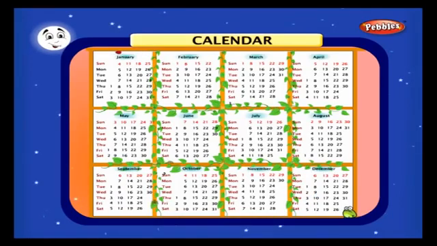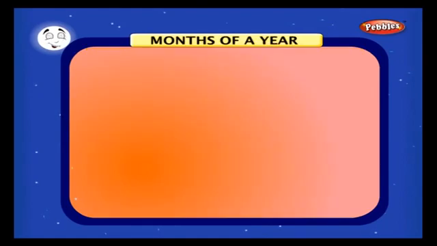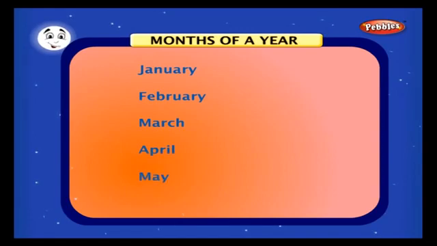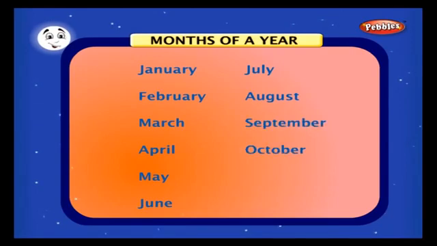We have 365 days in a year, which is split into 12 months, namely January, February, March, April, May, June, July, August, September, October, November and December.